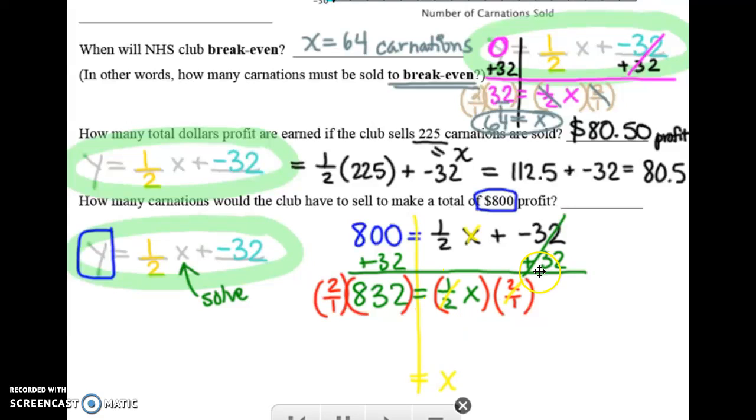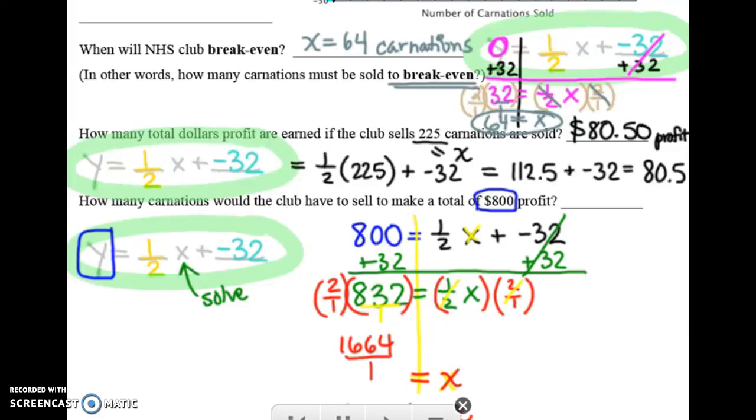Just remember that 1/2 and 2/1 cancel out to leave me with just x. And 832 multiplies to get 1,664 all over 1, which makes 1,664 carnations.